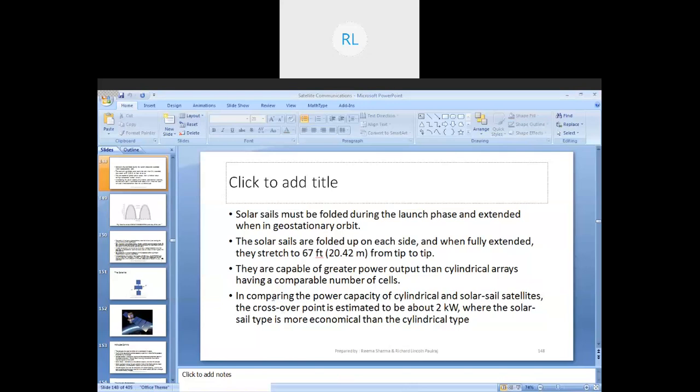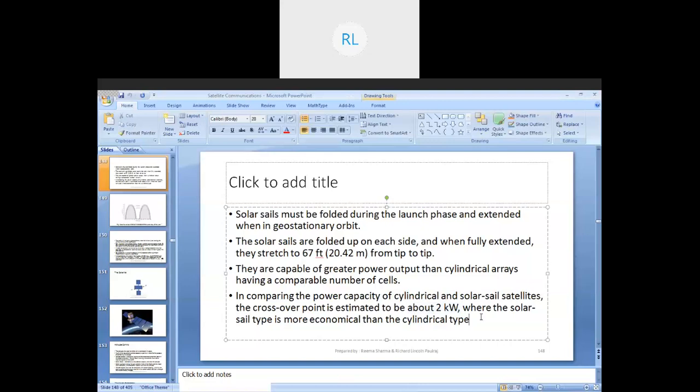Why is it so? Because of the exposure, right? With the rectangular one, I get more exposure than the cylindrical one.